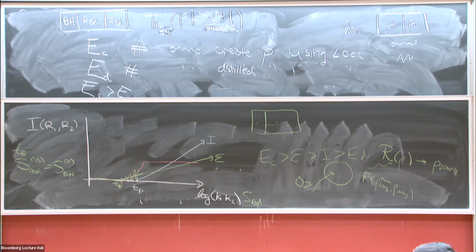I'm not sure I totally followed the fidelity formulas, but it seems like you apply them to, instead of considering the first 20 qubits, you consider the last 20 qubits that come out of the black hole. It seems like you can better distinguish the black hole with the last 20 instead of the first 20. Is that right? So the fidelity, I'm always considering all of the radiation.